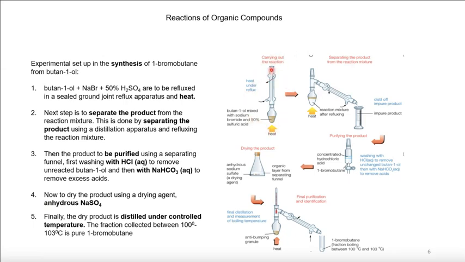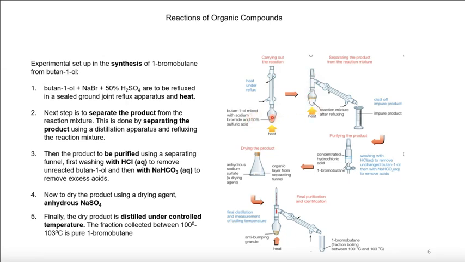We take a refluxing ground joint apparatus, and there we use butan-1-ol, that is a primary alcohol, with sodium bromide and 50% sulfuric acid. We reflux it, and after completing the reflux, we then take out the impure product from this mixture.